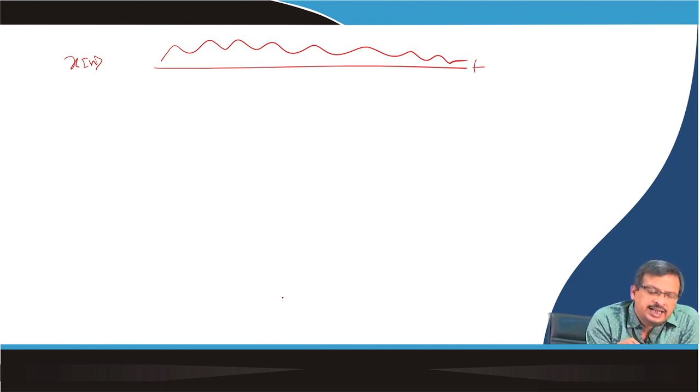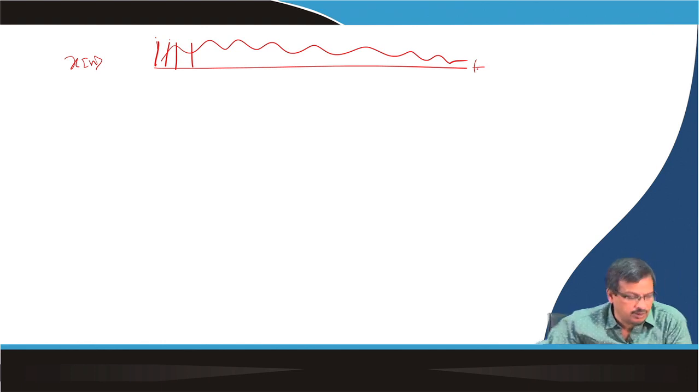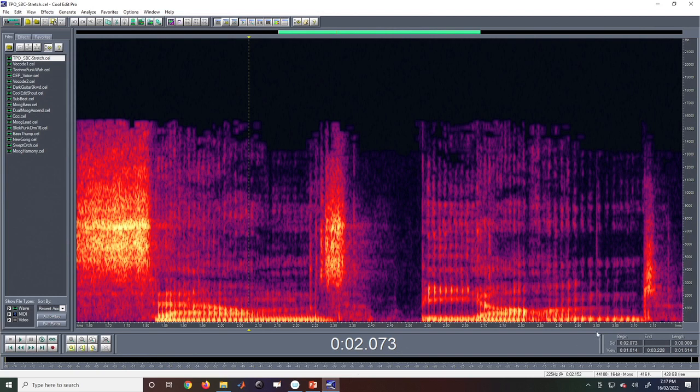But can I compute the discrete Fourier transform sample by sample? In this demo case, how many samples are there in the signal? If I click it here, it shows 142,368 samples.